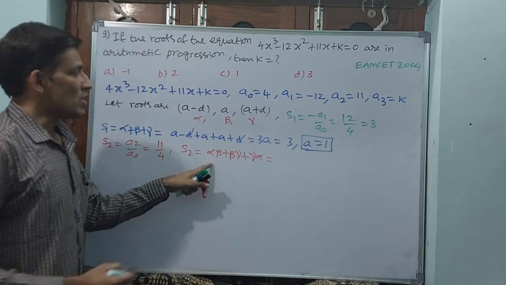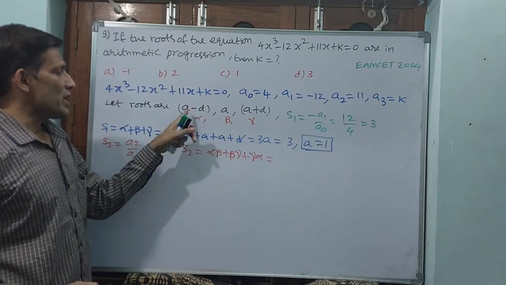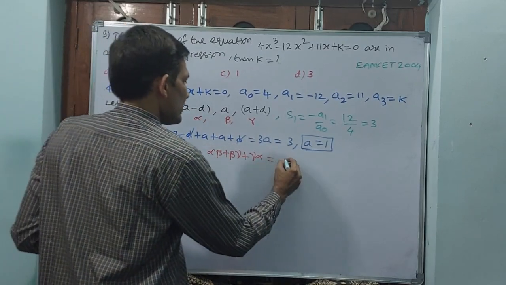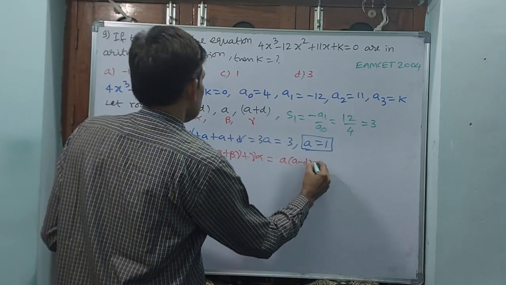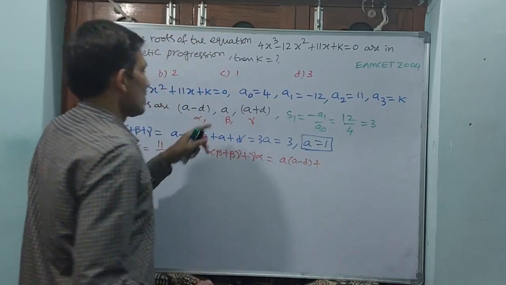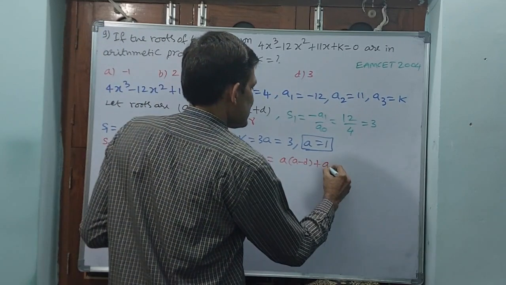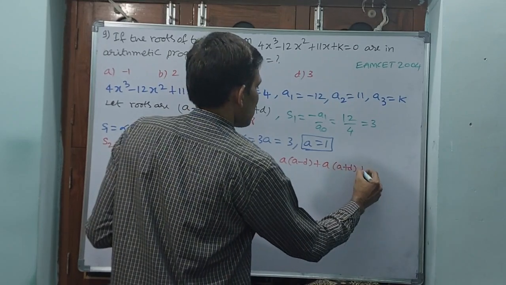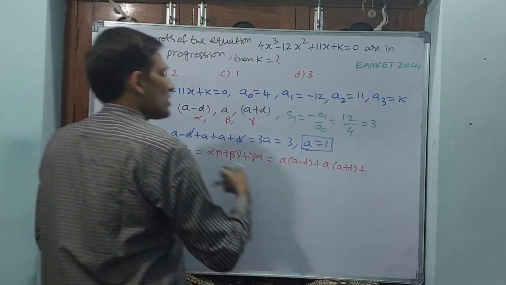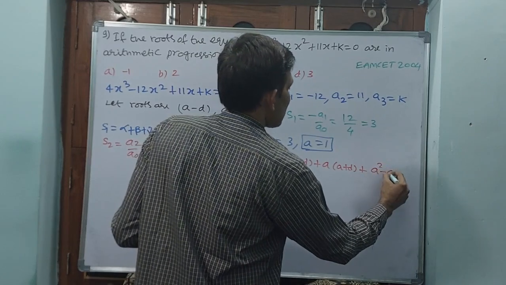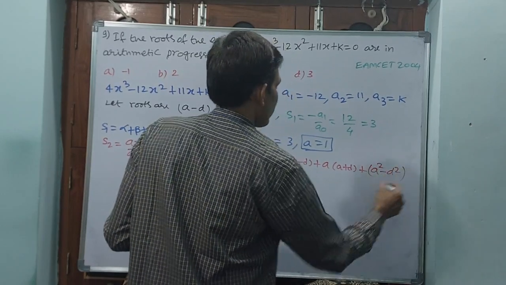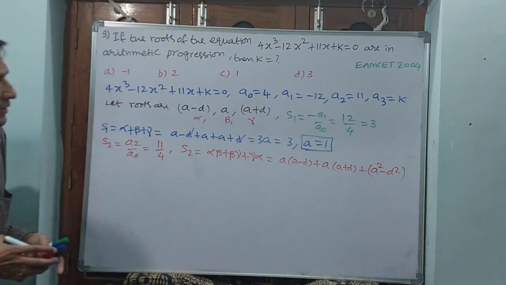That is equal to, alpha beta means what you are going to do? A into A minus D, plus A into A plus D, plus A plus D into A minus D, A square minus D square.